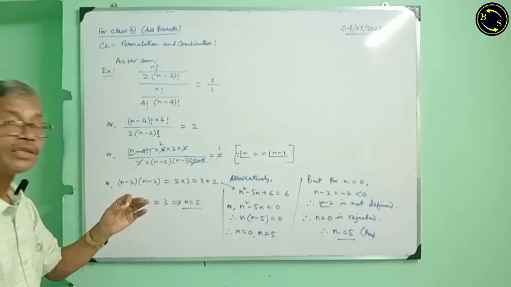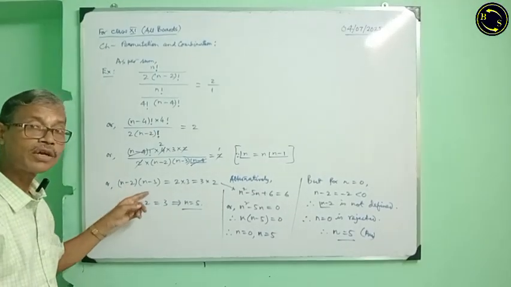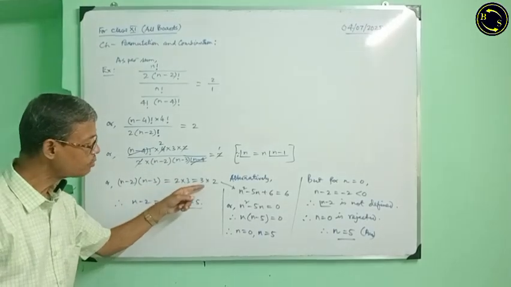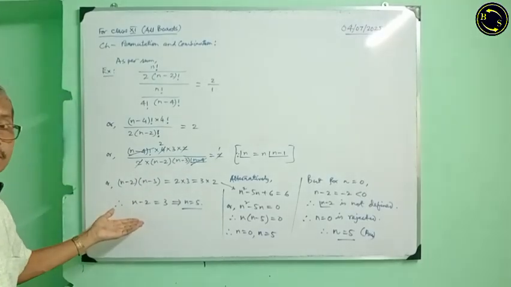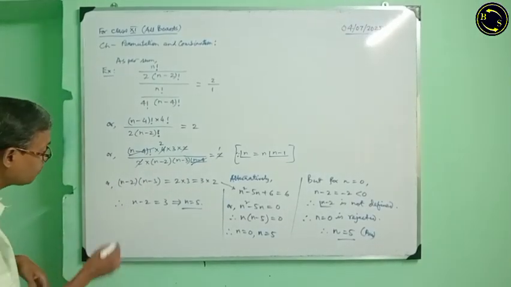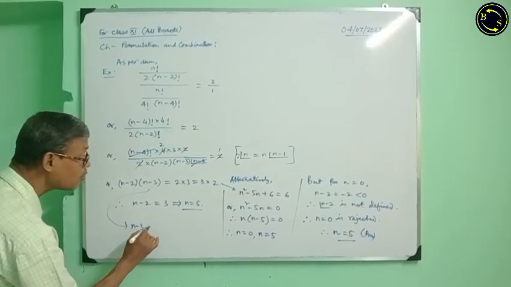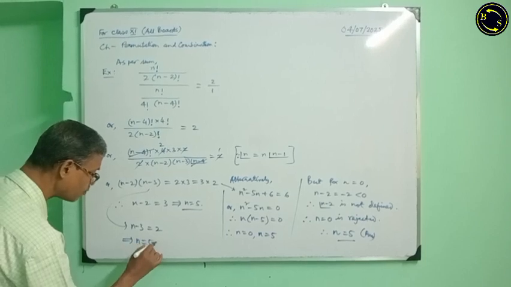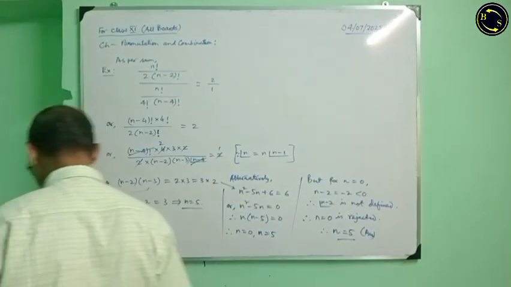That is why I suggest my student use this trick. Product of two successive numbers on the left is equal to product of two successive numbers on the right. From that we can write easily this one. Also, if you take here n minus 3 equal to 2, from that also you will get n equal to 5. I think you have followed this one.